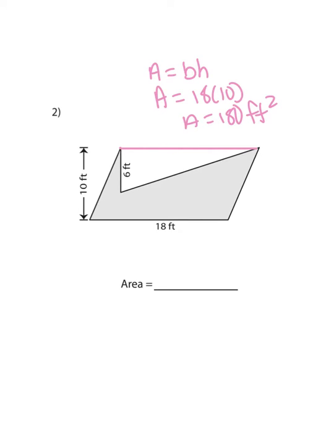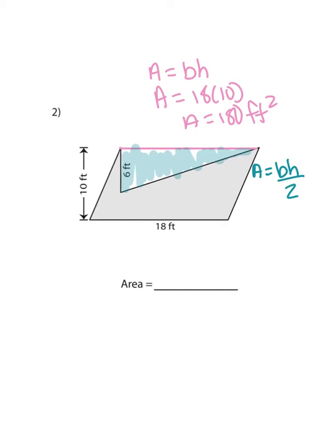But it's not all of it because a triangle is taken out. So I need to figure out what is the area of that triangle taken out so that I can subtract it. So I know the formula for area of a triangle is area equals either 1/2 base times height or base times height divided by 2. So I need to know what's the base and what's the height.